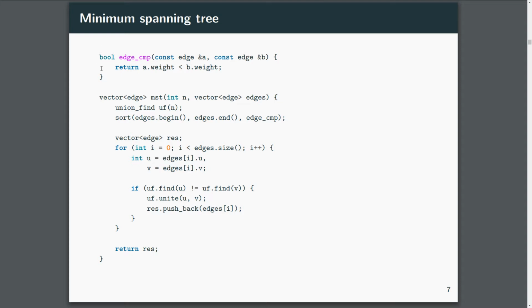So here I have defined a comparator for the edge class which we made, and it simply compares the values of the weight variables. So you get in two values here, a and b. If a is less than b, this function should return true.